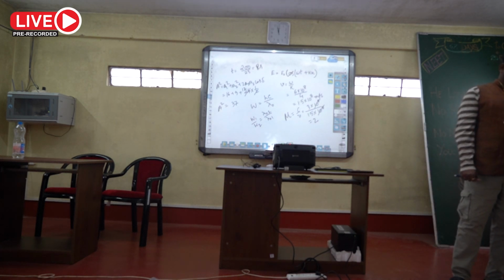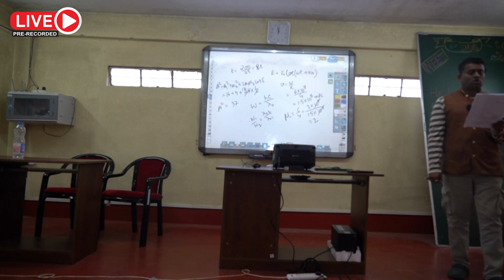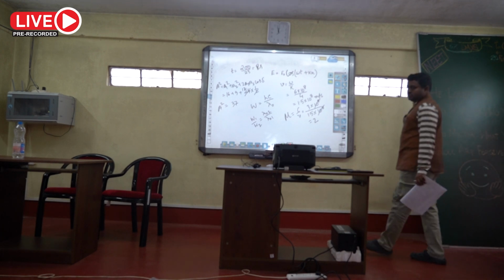Then a body of mass m is rotating in a vertical circle of radius r with critical speed. The difference in kinetic energy at the top and at the bottom.